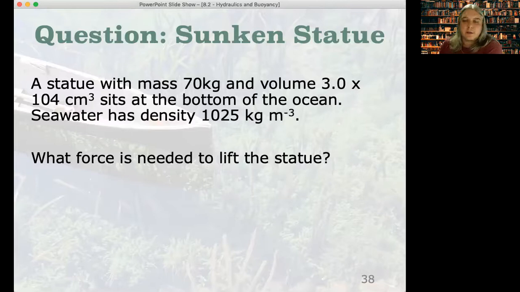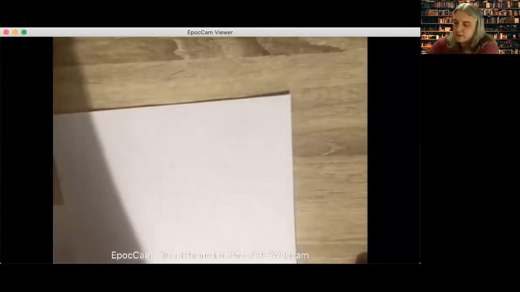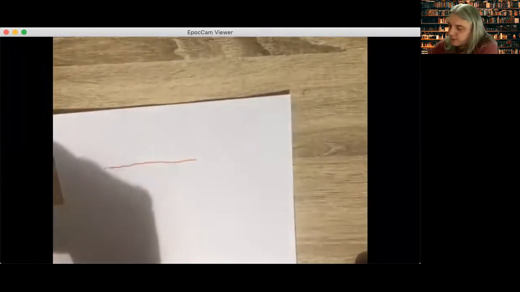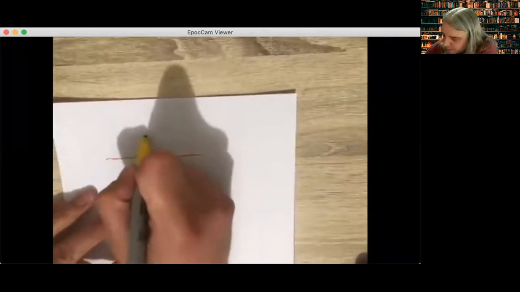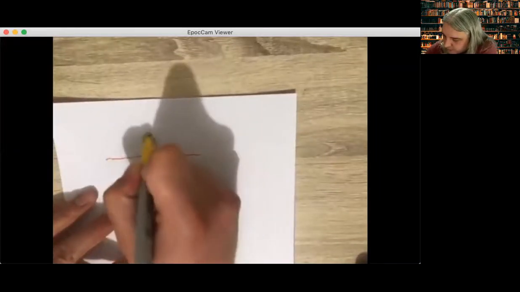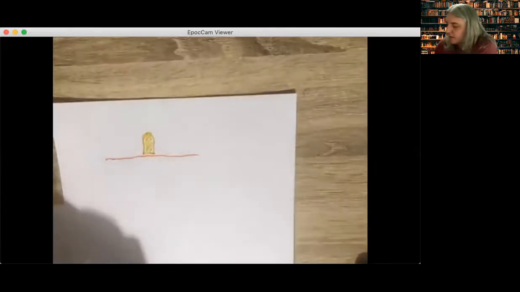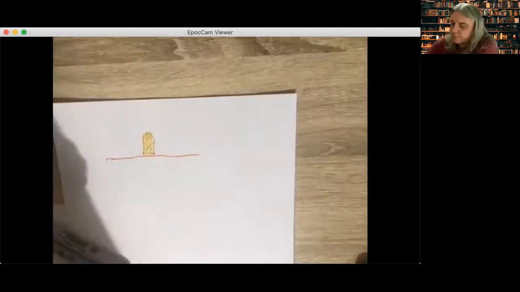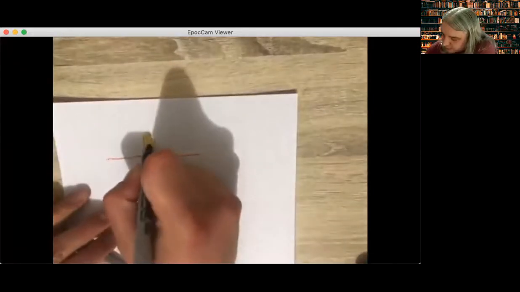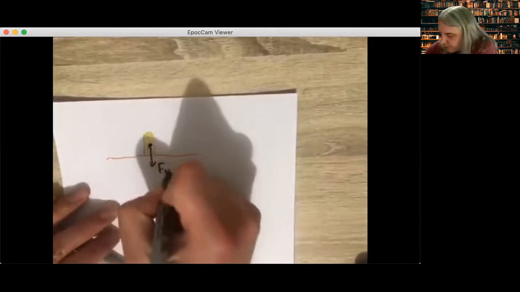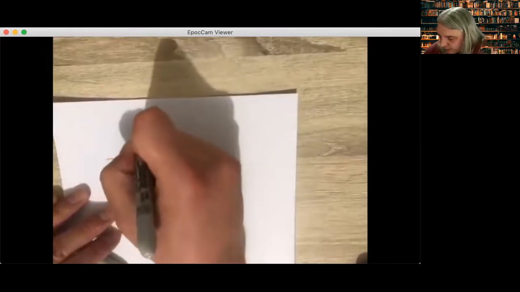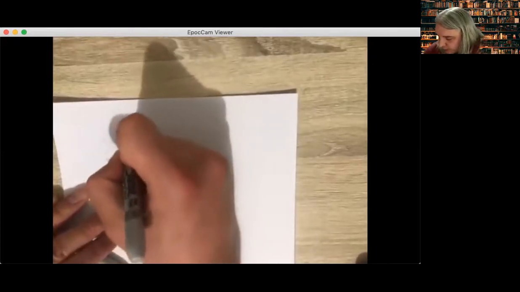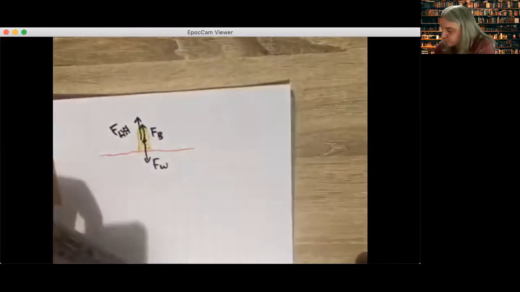So we'll just jump back over here. As I've been saying, if you've got the sea floor, you've got your statue. Then this statue has an apparent weight, which is given by the weight force, the buoyant force, and some extra force that we're applying, which I'll call F lift for now.